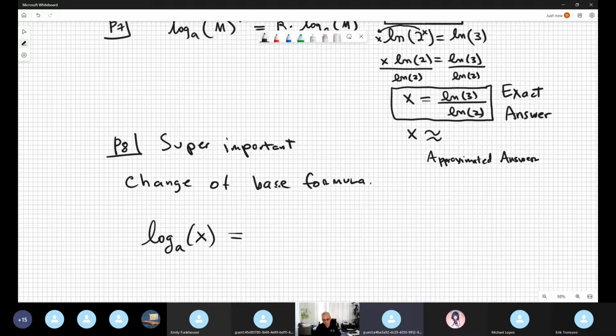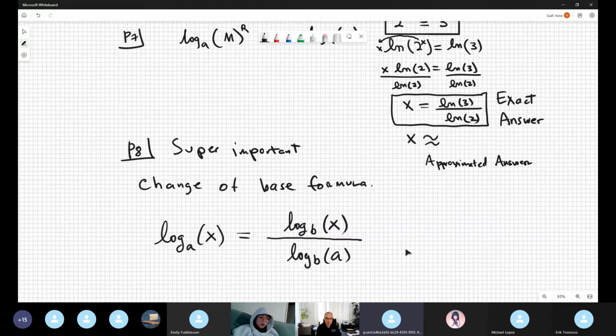Expression or number, 2, 20, 40. And you compute a division in another base: the logarithm base b of the same argument, divided by the logarithm base b of a. This is the formula.